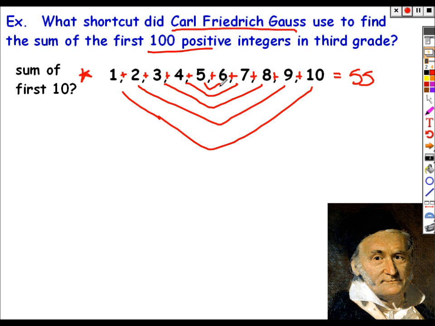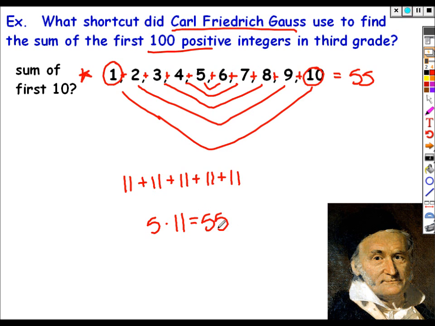If I take 1 plus 10, well 1 plus 10 is 11, 2 plus 9 is 11, 3 plus 8 is 11, 4 plus 7 is 11, and 5 plus 6 is 11. So if I pair off these terms, I actually have 5 pairs, and all of them add to the first term plus the last term, or 11, and that would be the short way to get 55.